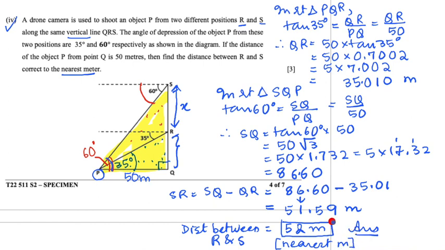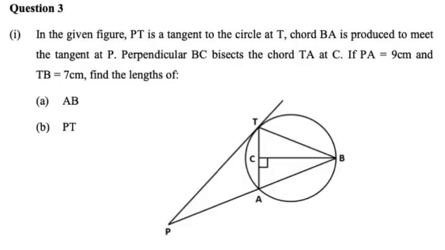Okay, so we have finished with question 2. Let us come to question number 3. In the given diagram, PT is a tangent to the circle at T. So we have PT is a tangent and BA produced. Where is BA? Here. BA produced meets the tangent at P. Perpendicular BC, where is perpendicular BC?